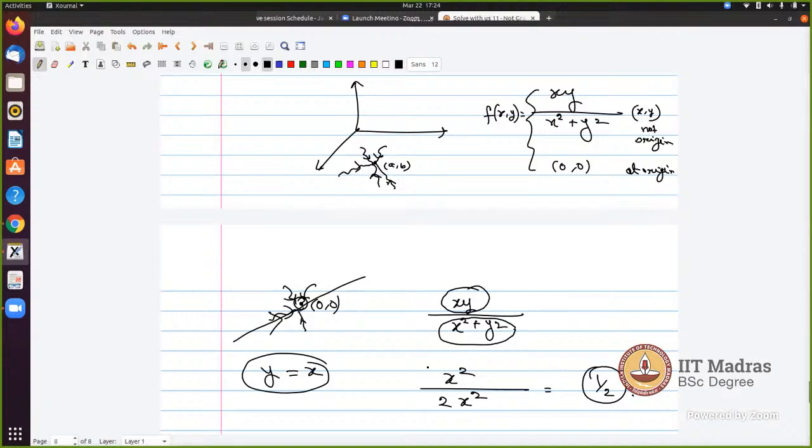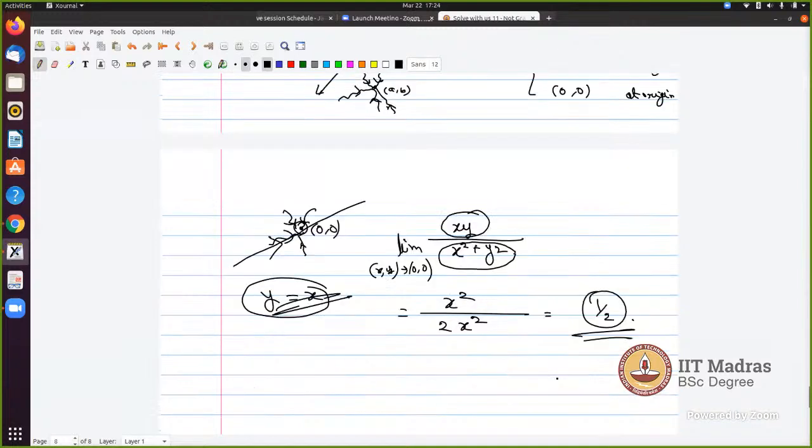No, xy by x square plus y square, so replace y with x, so x square by 2x square, so it is half. So if I take the limit as (x, y) goes to the origin via this straight line, we are getting the limiting value to be half. Correct? Is that okay? Yes, sir.